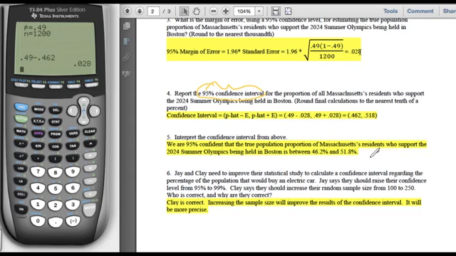So essentially, should you raise your confidence level or should you increase your sample size? As has been mentioned several times already in previous videos, you want to increase your random sample size. So Clay is correct. Increasing the sample size will improve the results. It will allow us to be more precise. We'll have a narrower confidence interval.